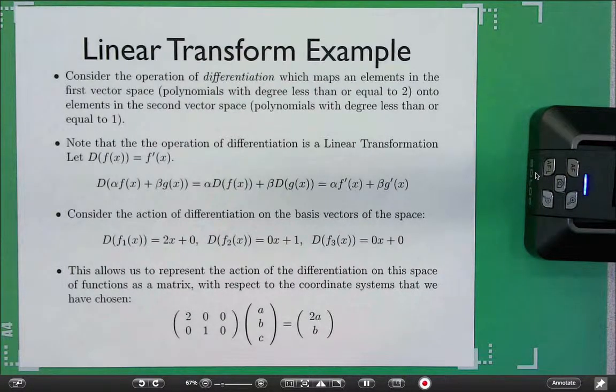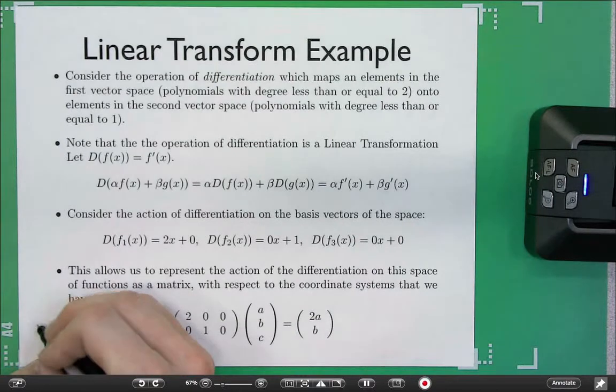Now, remember the point. As I said before, a linear transformation is completely explained by saying what it does on the basis, right? So all I need to do to capture differentiation as an example of a linear transformation is to say what it does on my basis vectors f1, f2, and f3.